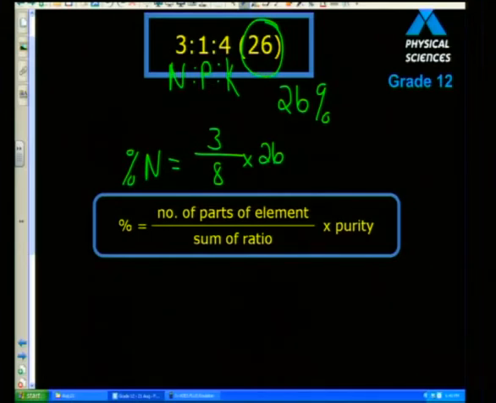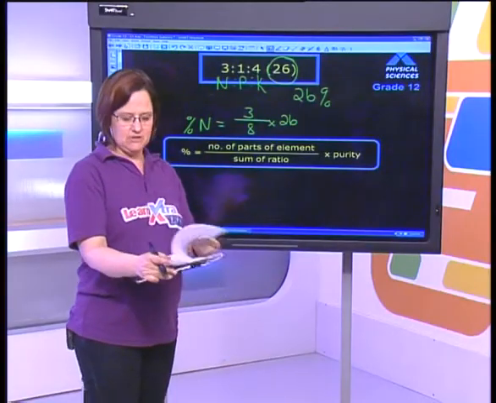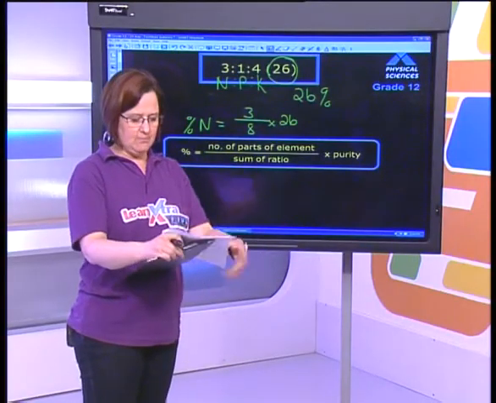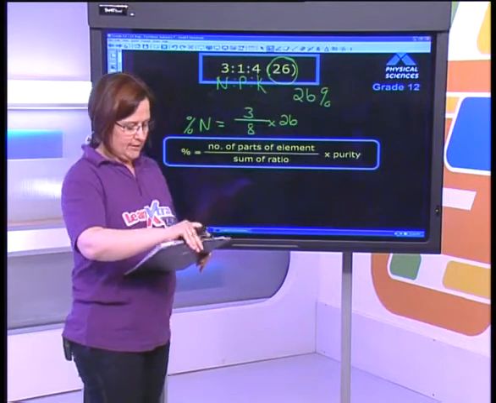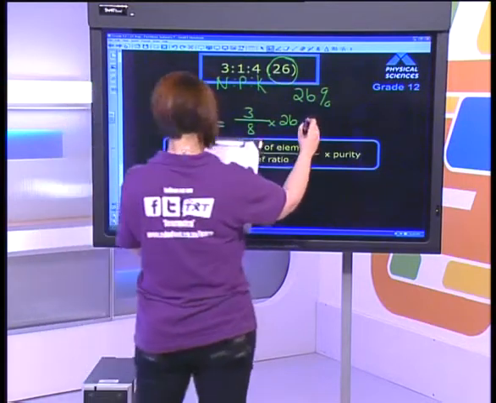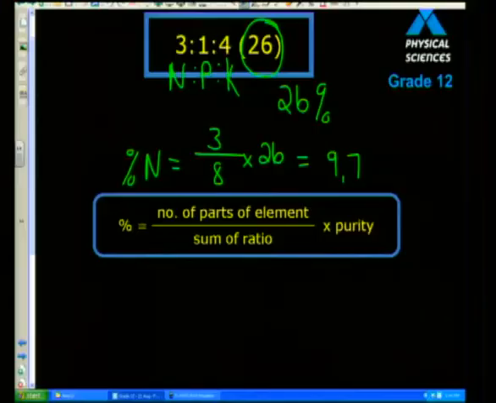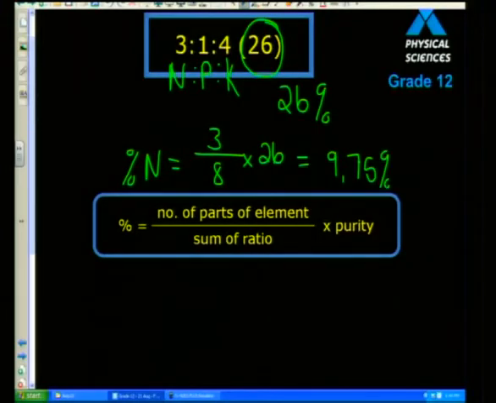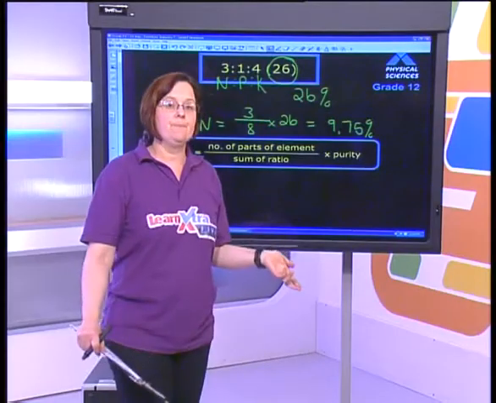That would be 26 over 100 because it's the purity of it. And that would give us the percentage that the nitrogen makes up of my whole system. So it'd be 3 over 8 times 26, and this actually gives me 9.75%. So if I had a 100 kilogram bag, 9.75 kilograms of that would be nitrogen.